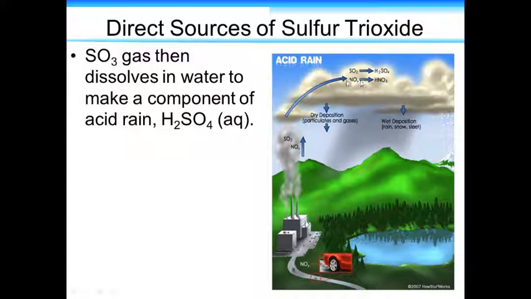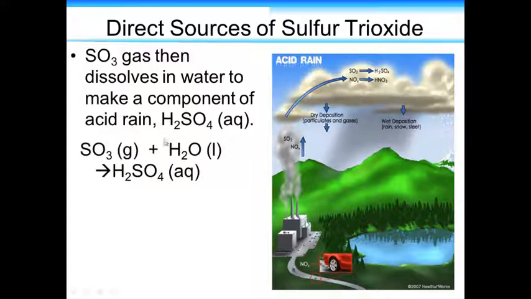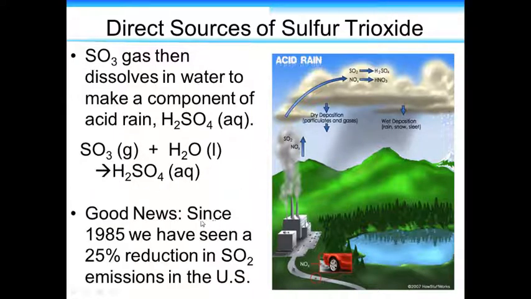A bit later on, I'll talk about nitric acid forming as well. So from cars and from smokestacks, these sulfur-containing and nitrogen-containing molecules form acid in the atmosphere, and that can then rain down upon the earth.